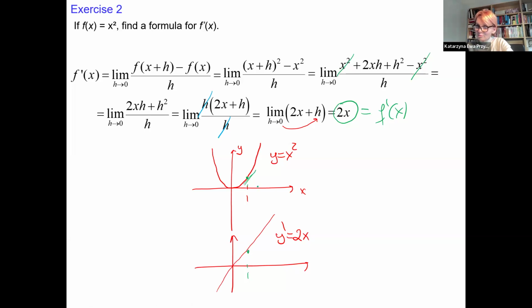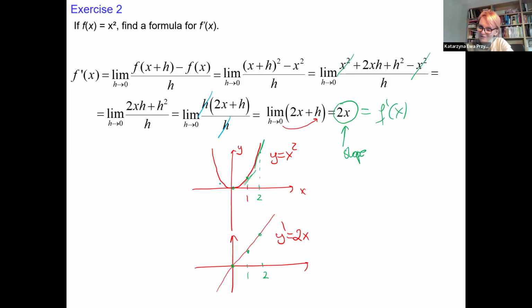What about the slope at 2? What will be the slope of the tangent? It will be 4. We're just following the general formula. Okay, at 2 it is 4. And then so on. At 0, what's the slope at 0? 0 times 2, of course, is 0.